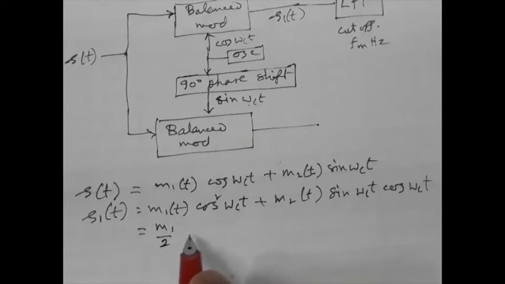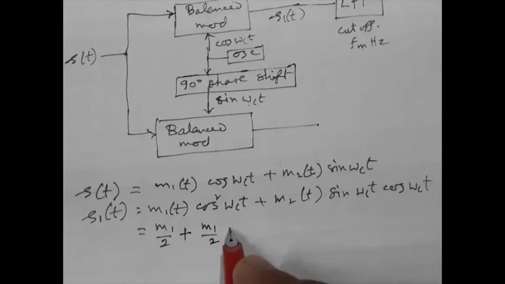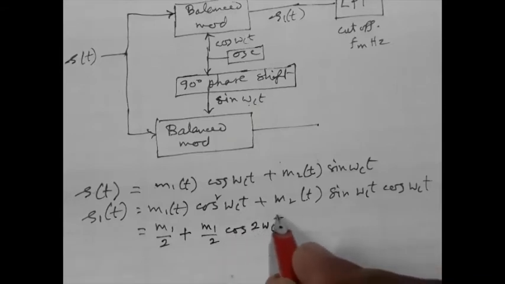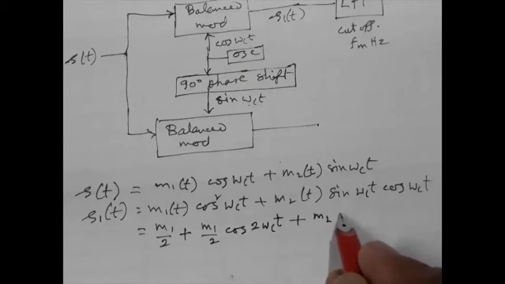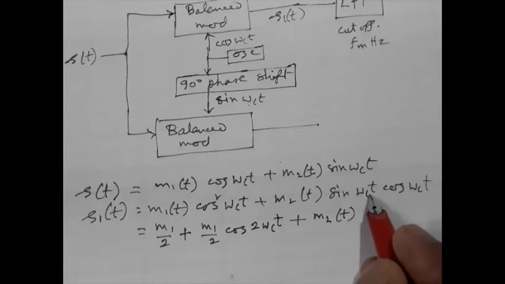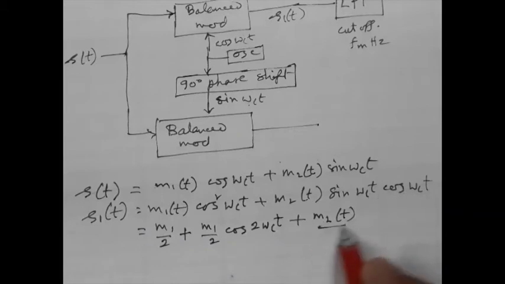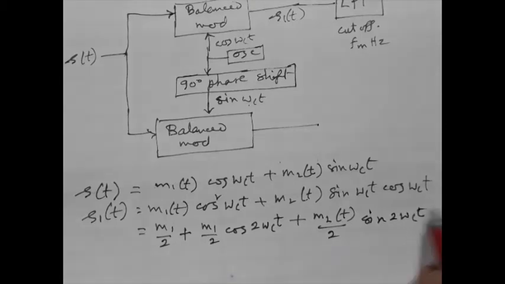So m1 by 2 plus m1 by 2 cos 2 omega ct plus m2(t) sin omega ct multiplied by cos omega ct, that is sin of 2 omega ct.